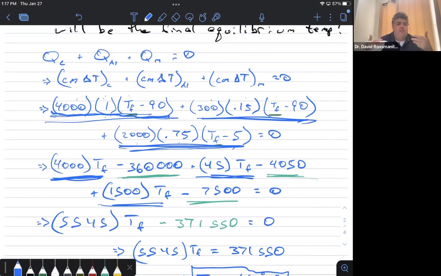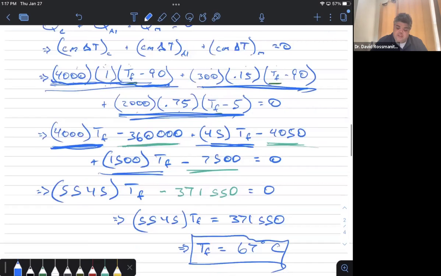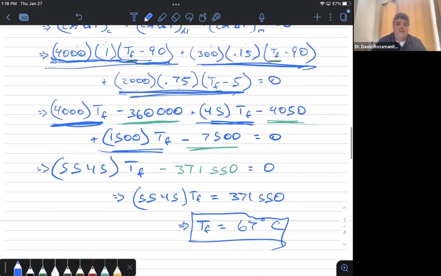But I found, generally speaking, most issues, if you get something wrong, you can look at the answer and tell if it's off. Like if I got 3 degrees, I know that's wrong. Even though it's less than 90, which it should be, it's also less than the milk originally was.